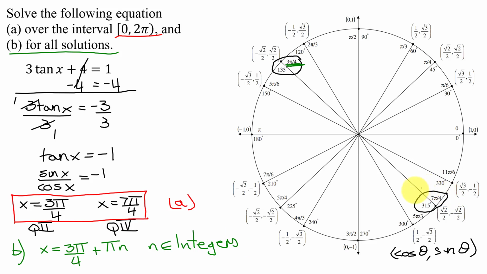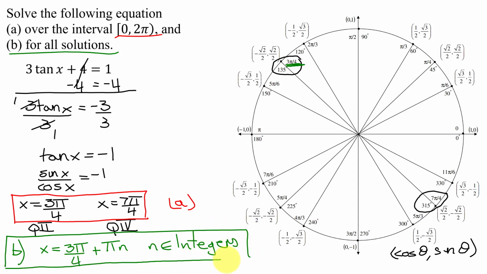And I do not have to do it to this solution, because remember that 7 pi over 4 is just 1 pi after 3 pi over 4. So since the period is pi and not 2 pi, this is the way to write all solutions to this problem.